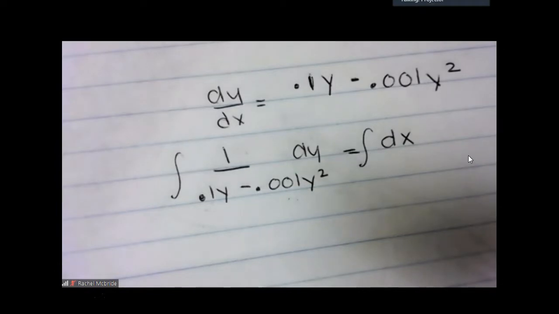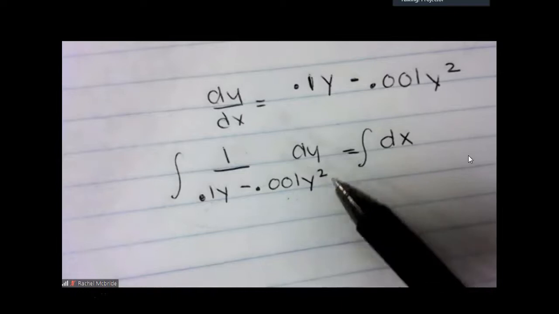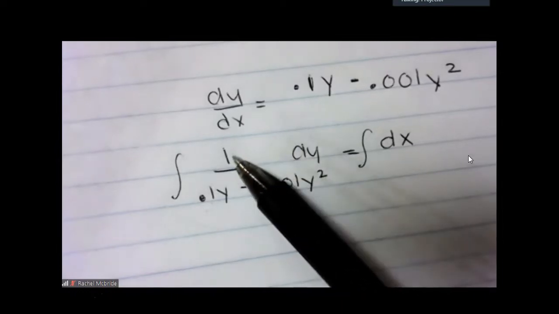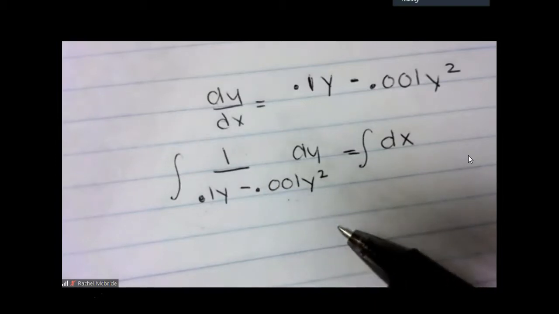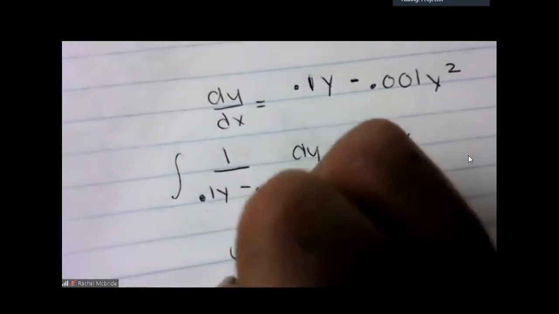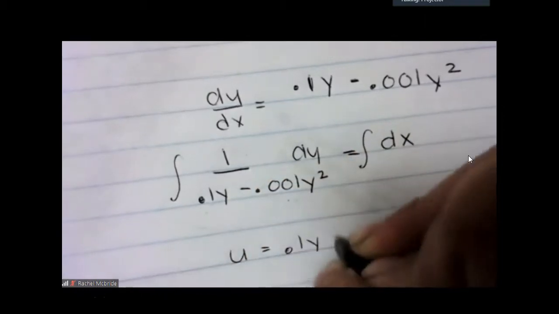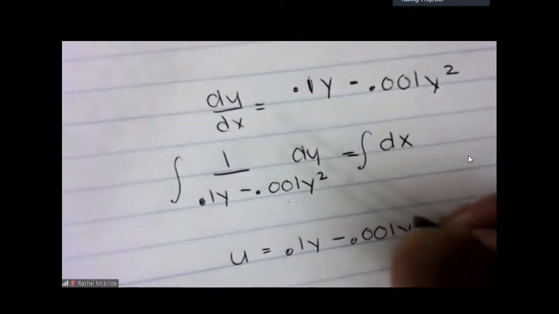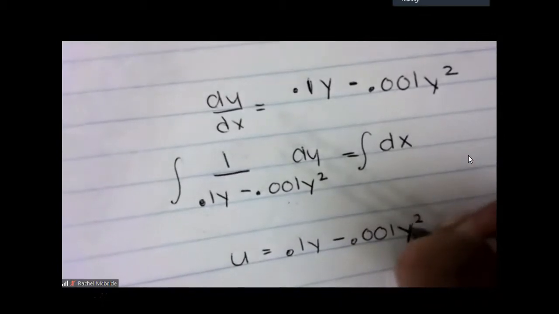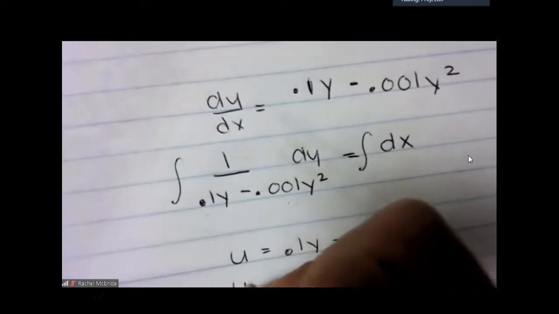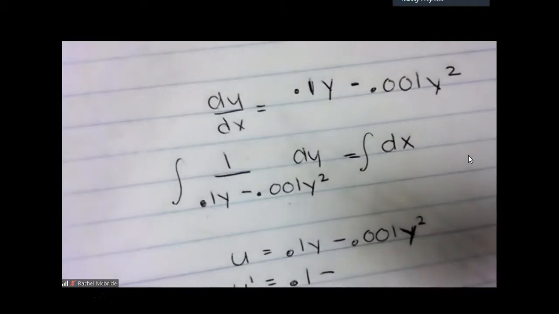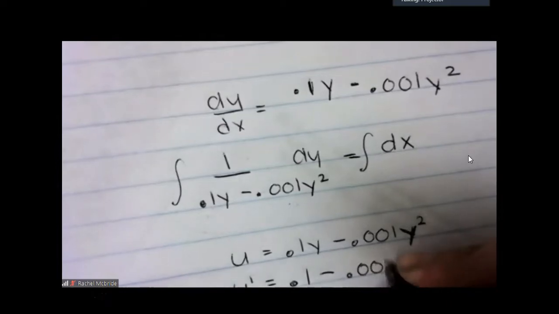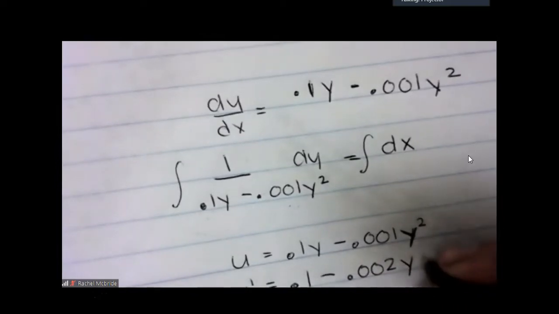What makes this natural log worse is that since you have y squared here and no y up there, you actually have to do the double setup where you say, okay, u is equal to 0.1y minus 0.001y squared. And then u prime is equal to 0.1 minus 0.001 times 2, which is 0.002y dy.